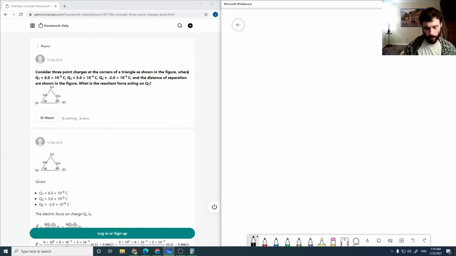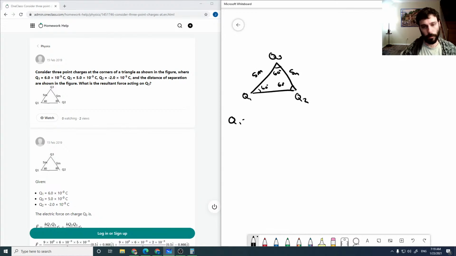Okay, so now we have 3 points on an equilateral triangle. I'm going to try to draw this as well as possible. So Q1, Q2, Q3. Each are 5 meters away from each other, and these angles are all 60 degrees.